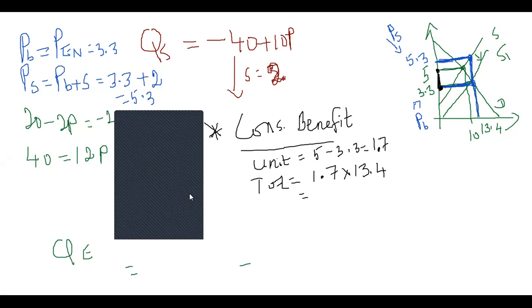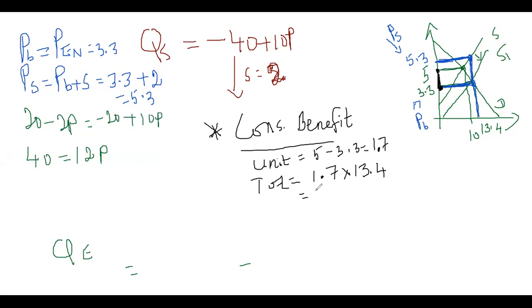1.7 into 13.4. We get 22.78, that is 22 rupees and 78 cents. Okay. So this is the total consumer benefit. When you show the areas, you are not supposed to show them in the exam.